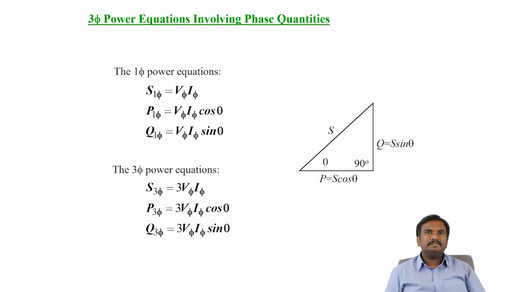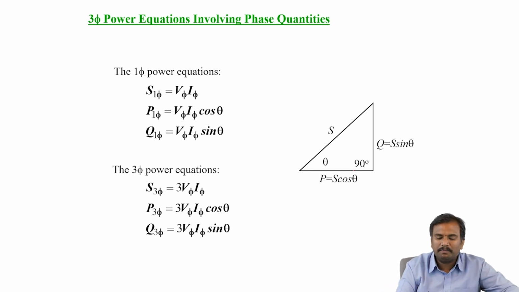And these are the single phase and three phase power equations. S is the complex power, which equals V phase into I phase. P is the active power, which equals V phase into I phase cos theta, and Q for one phase equals V phase into I phase into sin theta. Q is the reactive power, and this is the power triangle.